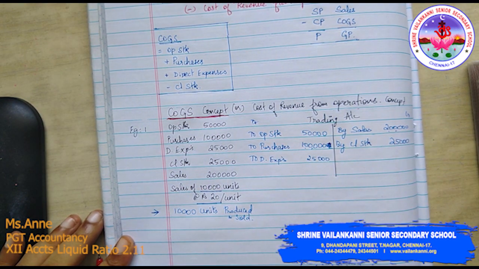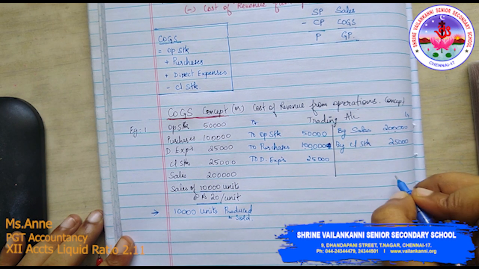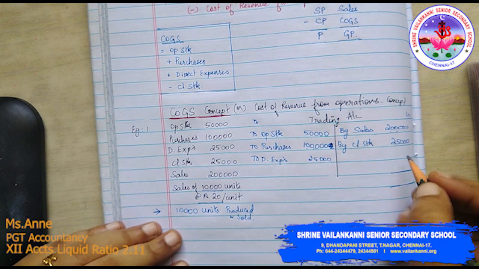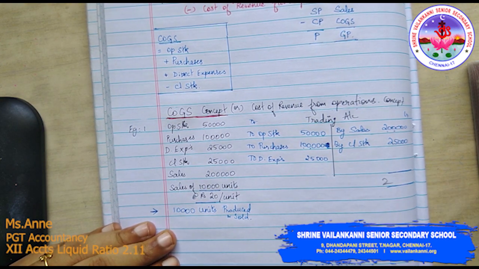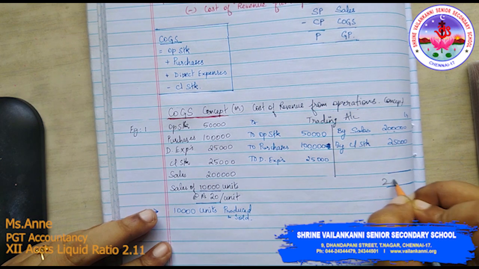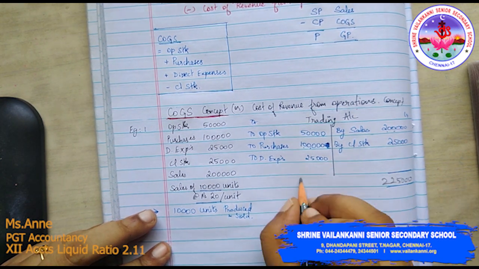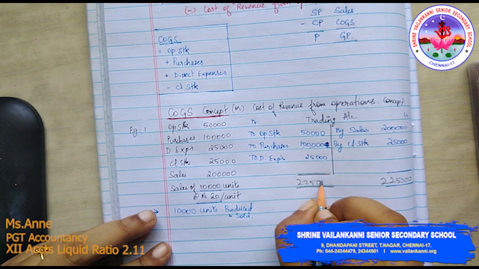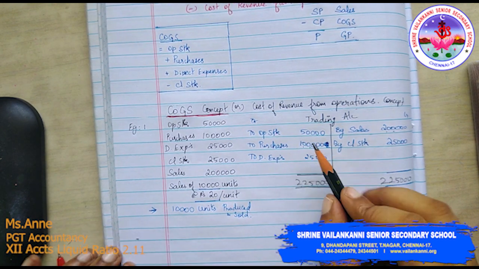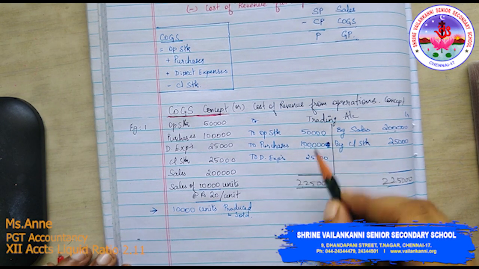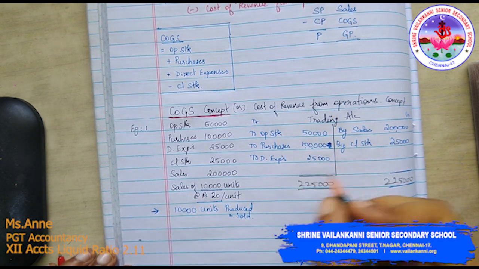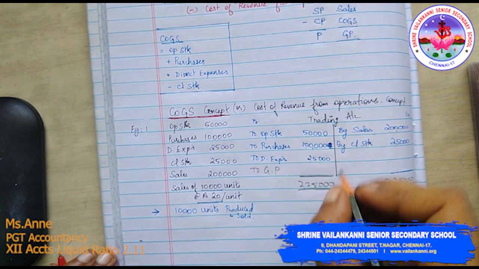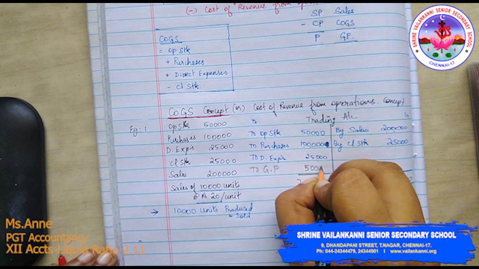Total of this will be 2,25,000. 2,25,000 minus 50,000, 1 lakh and 25,000, which comes to 1,75,000. So the gross profit that we have found is 50,000.